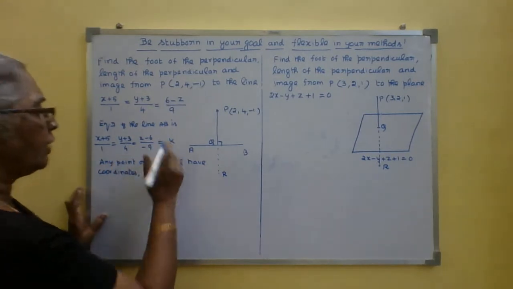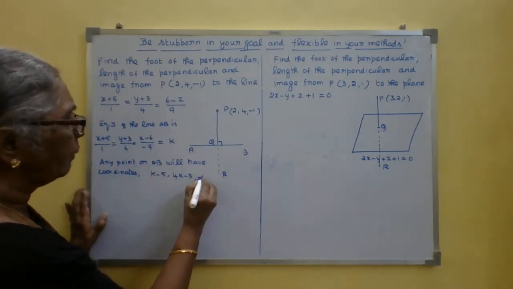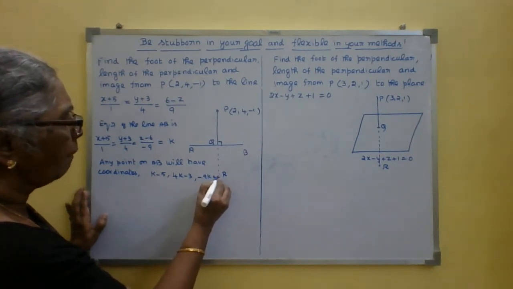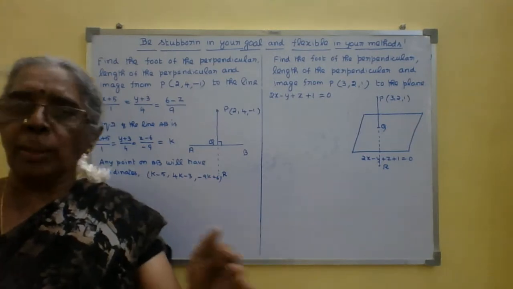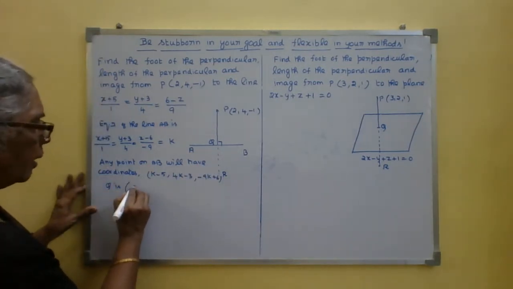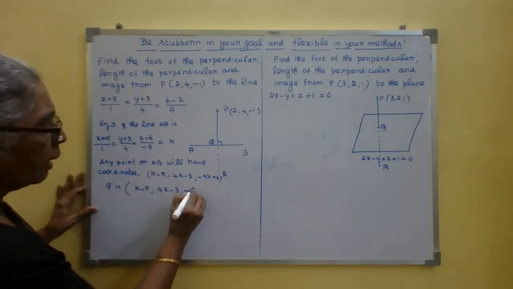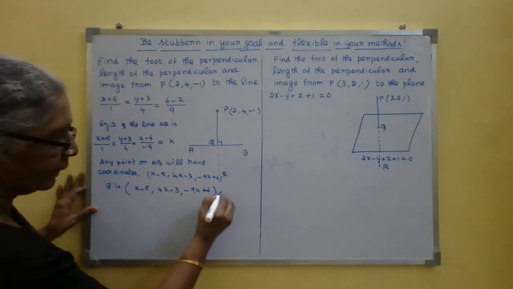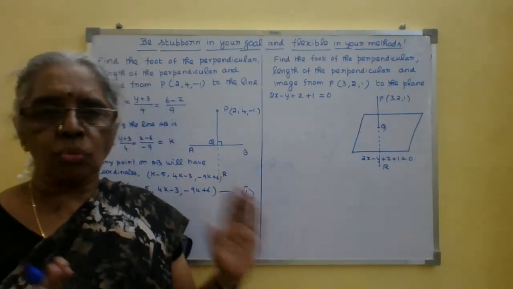Similarly, the y coordinate will be 4k - 3. The z coordinate will be -9k + 6. Any point means Q is also a point on AB, so Q is (k - 5, 4k - 3, -9k + 6). This is one important step because this is Q, so I mark it as 1 here.